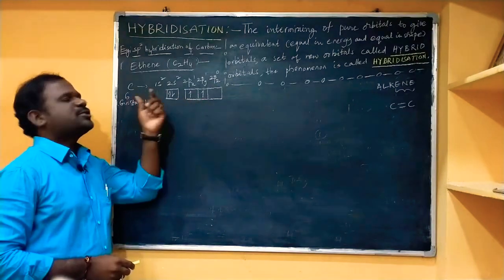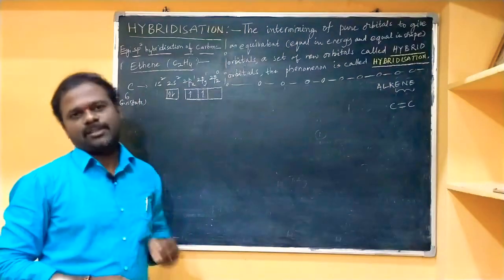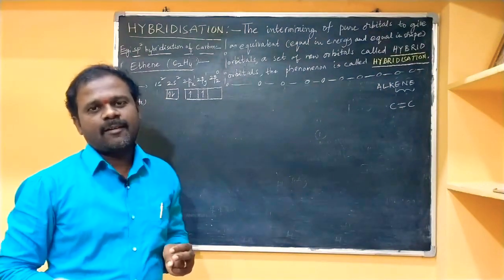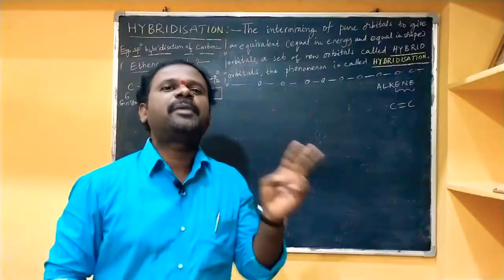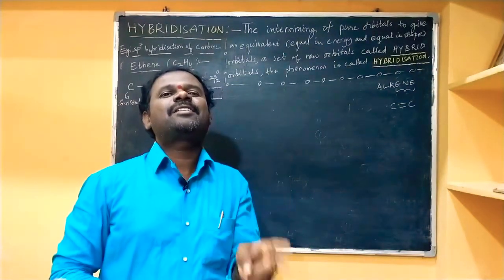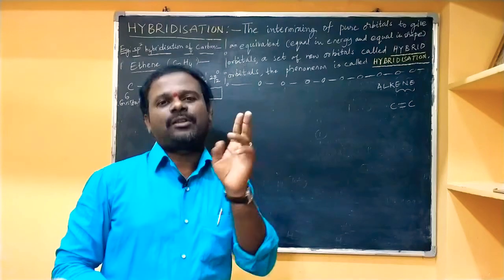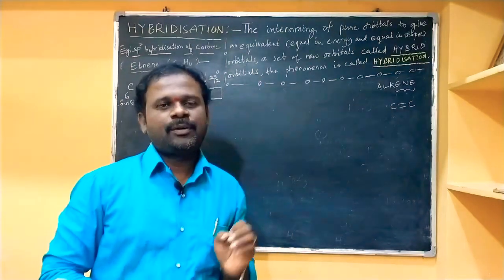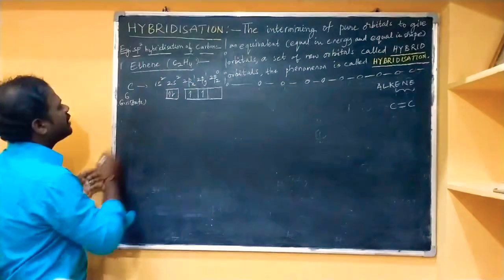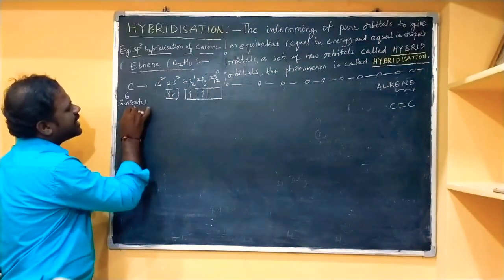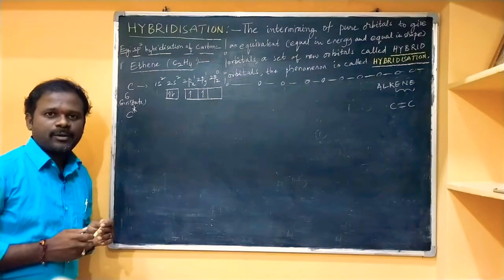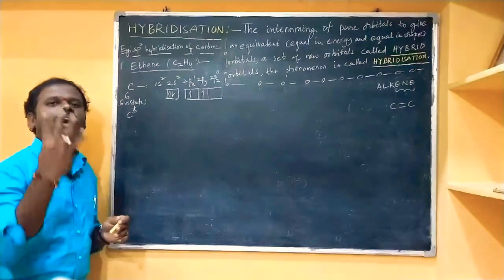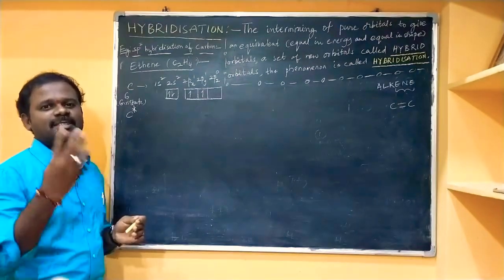In this ground state we have only 2 unpaired electrons. Already I said the number of unpaired electrons is the criterion for the number of covalent bonds. So carbon can undergo excitation to get 4 unpaired electrons in its valence shell.